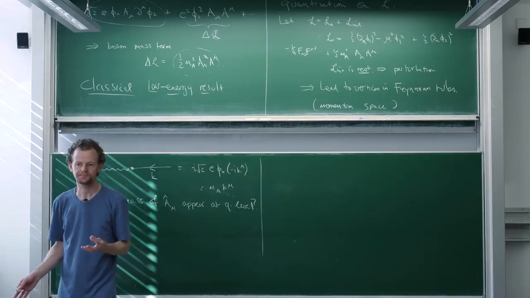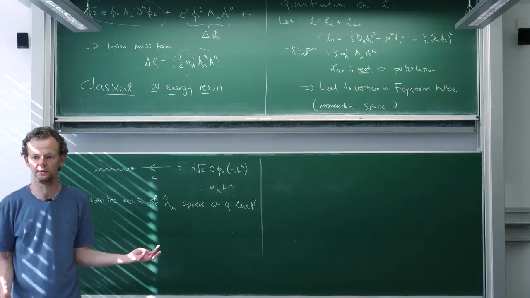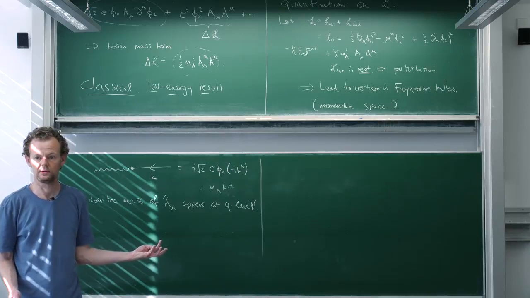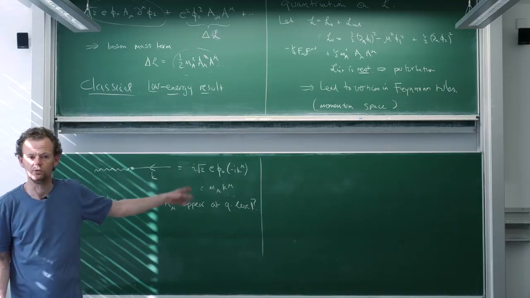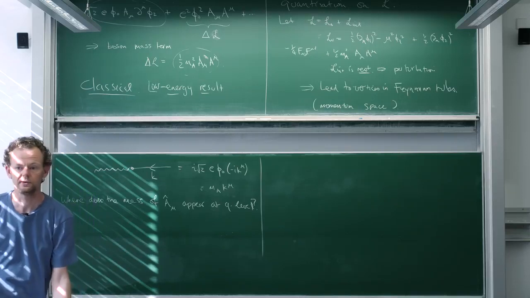Where would you find it? It's got to be an operationally well-defined quantity, something that you can observe in an experiment. And the place where you find masses in field theory for particle fields like A mu, phi, psi, is as poles in Green functions.